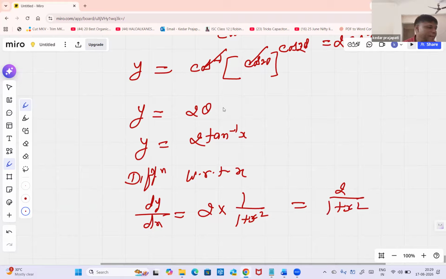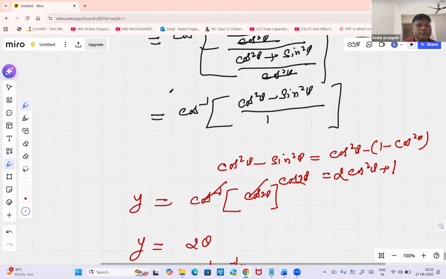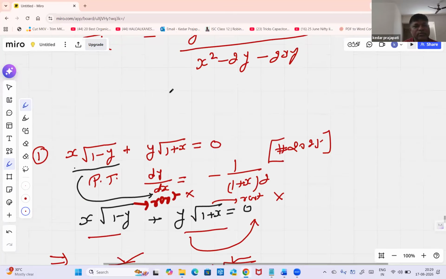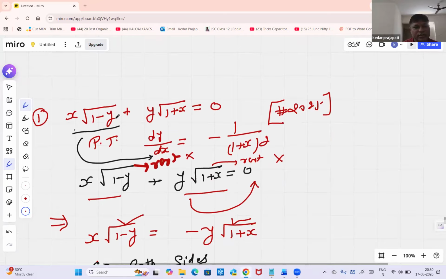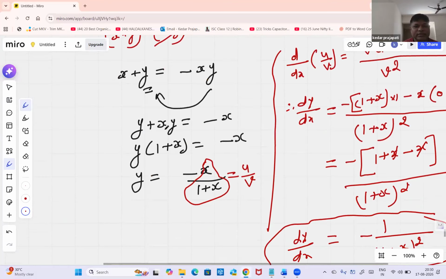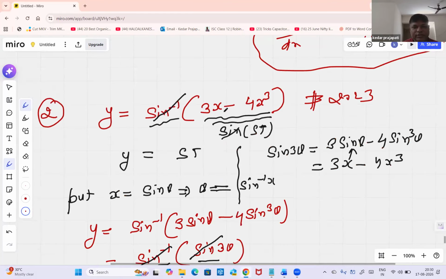Okay. Getting right? Slowly how concepts is being built. Here you have to square. Right? Here it is direct substitution. So you will take x equal to sine theta.